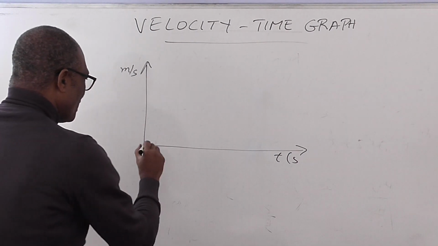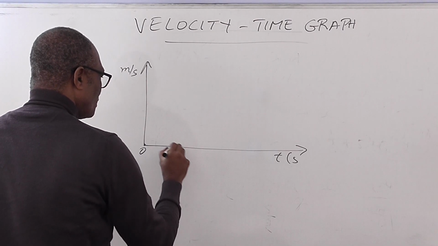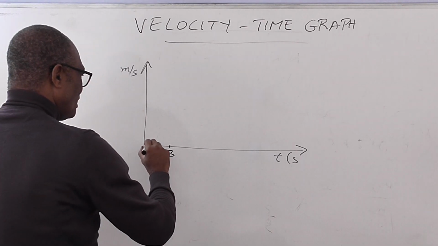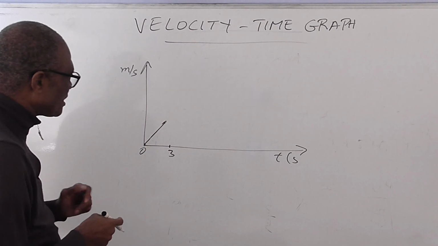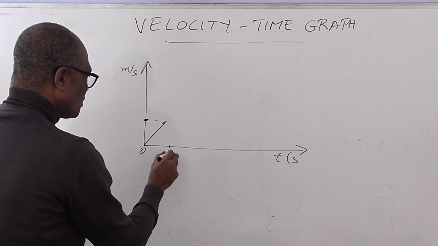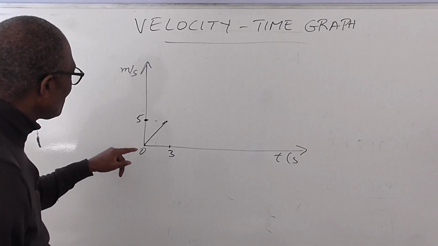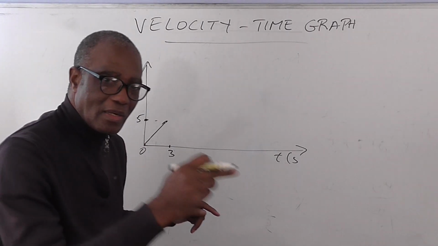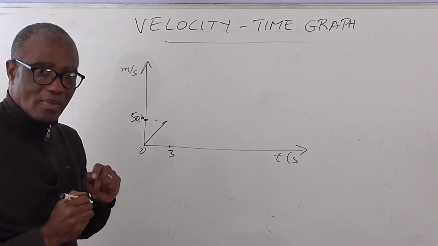For example, a body traveling from 0, during the first 3 seconds, is accelerating from a velocity of 0 till reaching 50 meters per second. Okay?